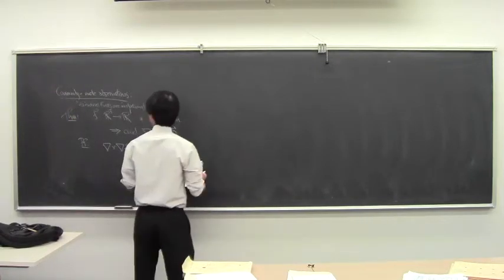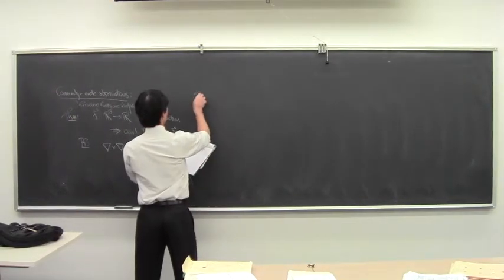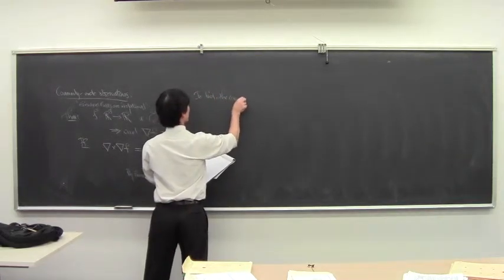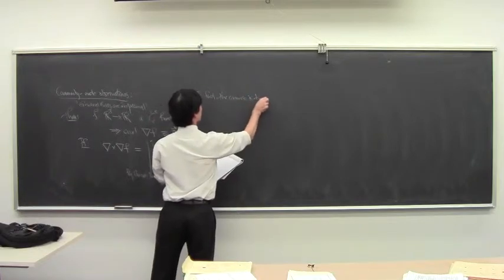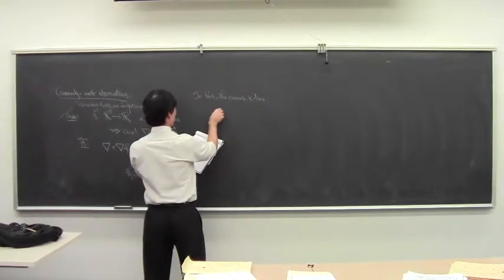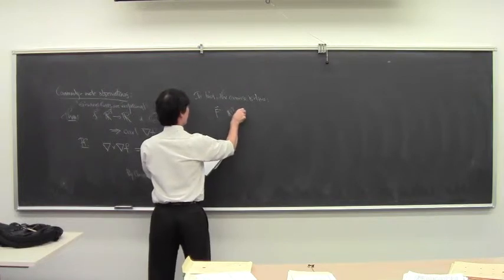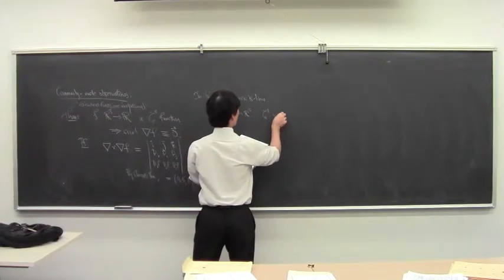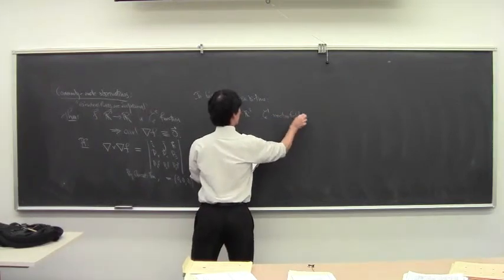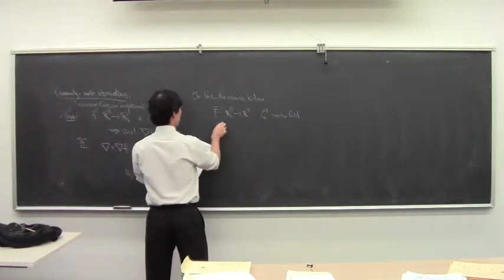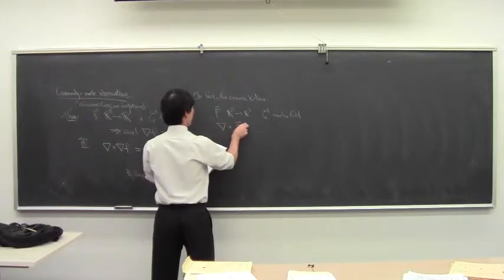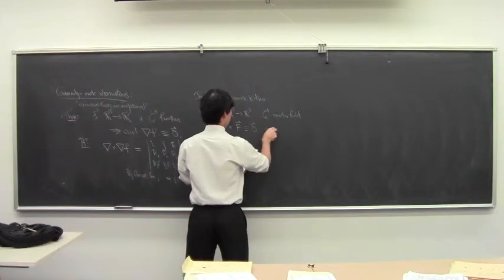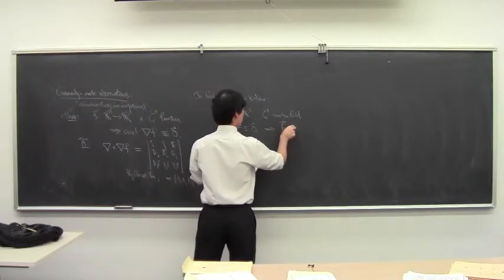In fact, there is a converse statement, and the converse statement is true. If you have a C1 vector field, and the curl of f is 0, then in fact f is a gradient field.